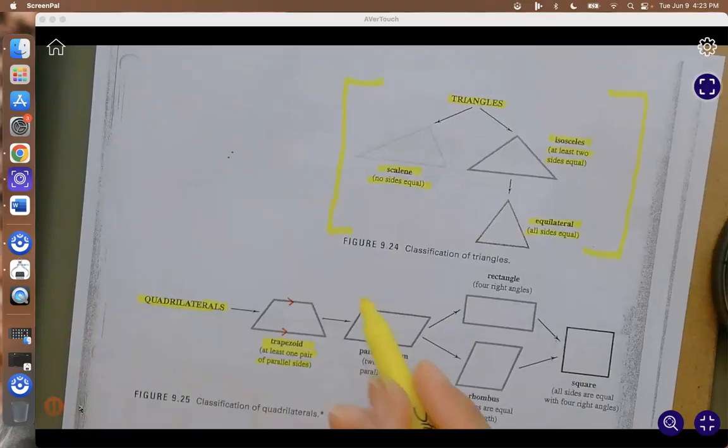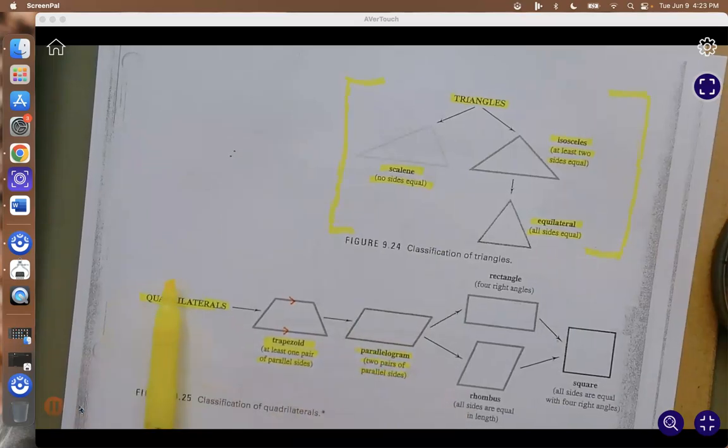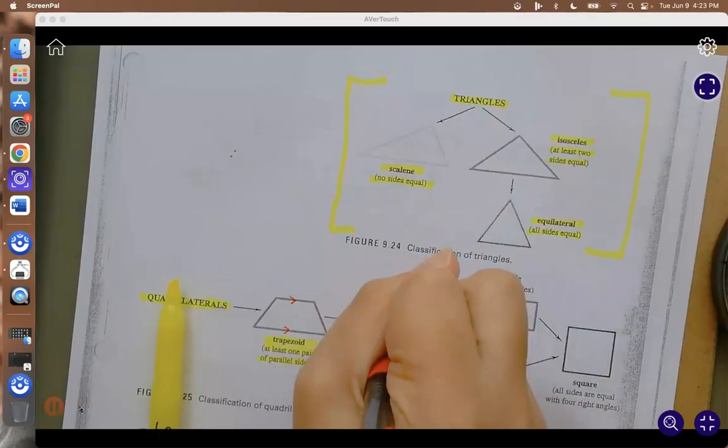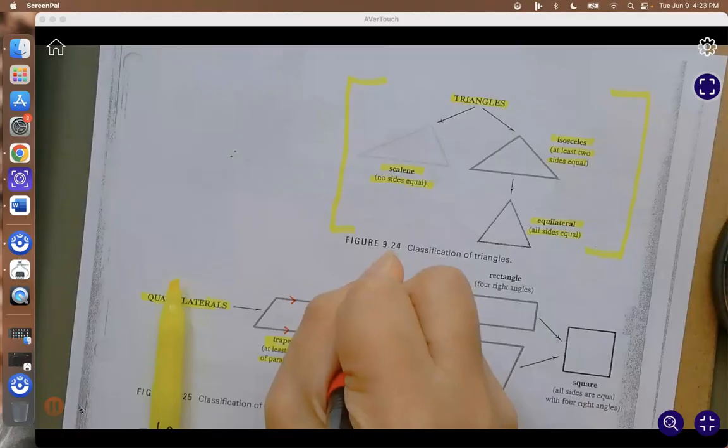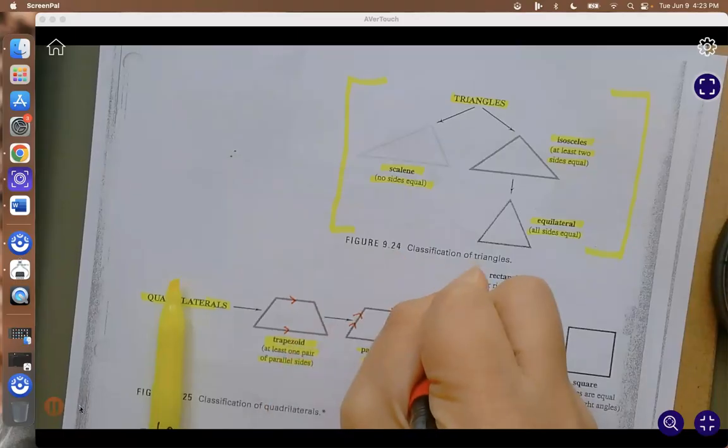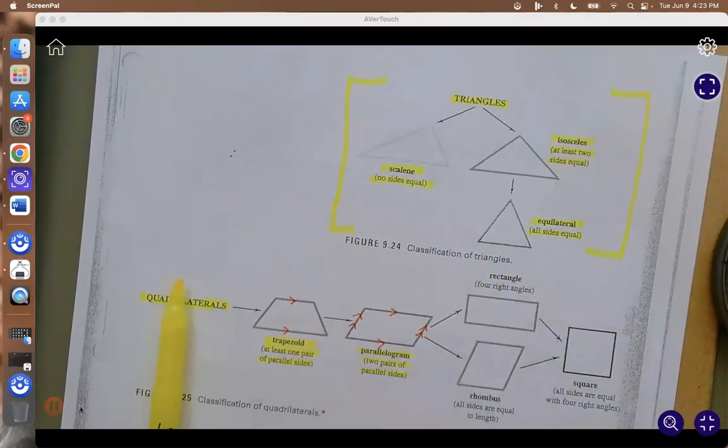Parallelogram ups the ante and says, okay, we have two pairs of parallel sides. So these two are parallel, and these two are parallel. So technically speaking, a parallelogram is a trapezoid because it has at least one pair of parallel sides.